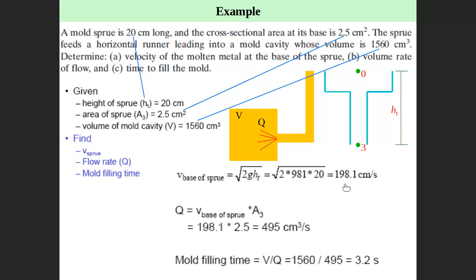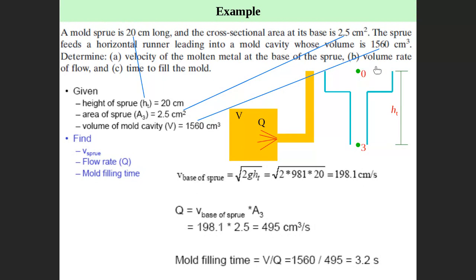Then you get the velocity at the base. So that is the first question. Okay, guys, any question? Is it clear? The velocity at the base is V3.